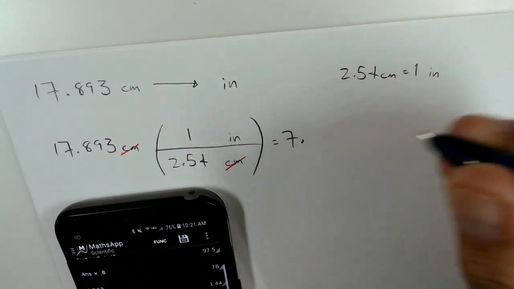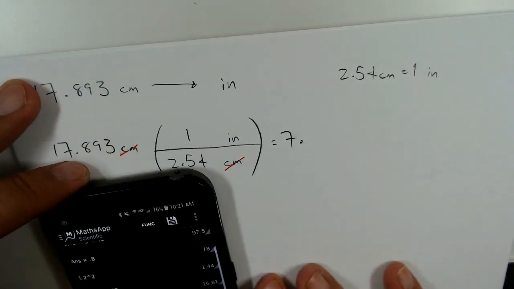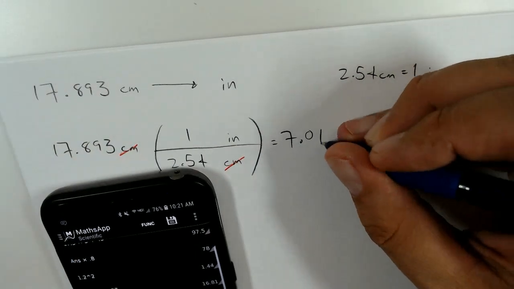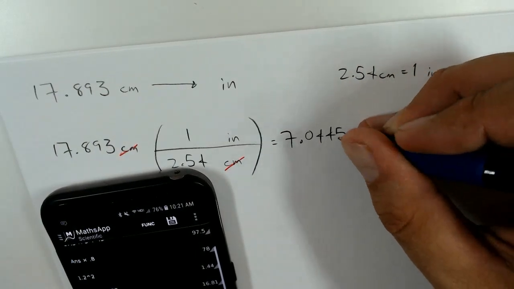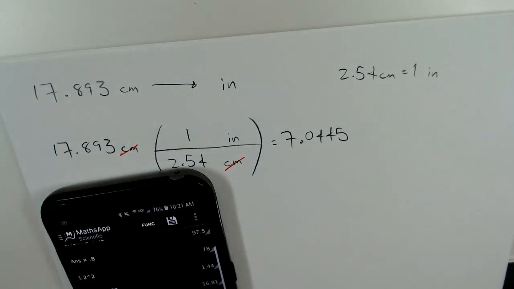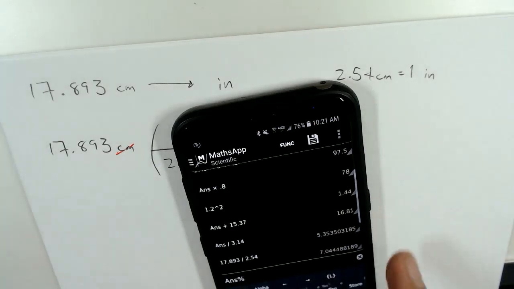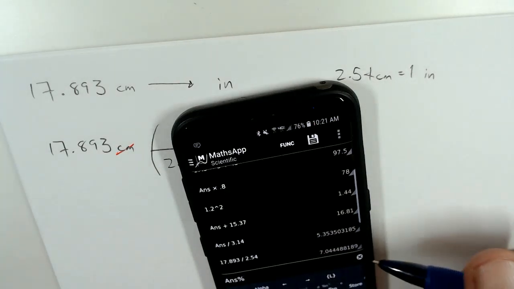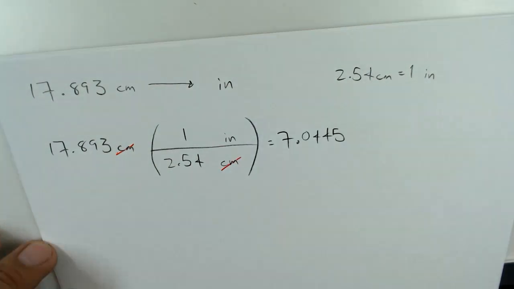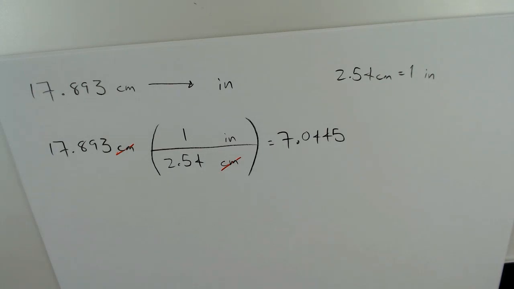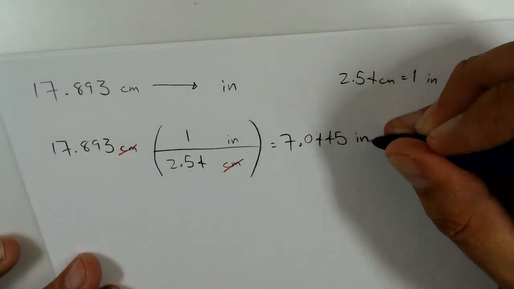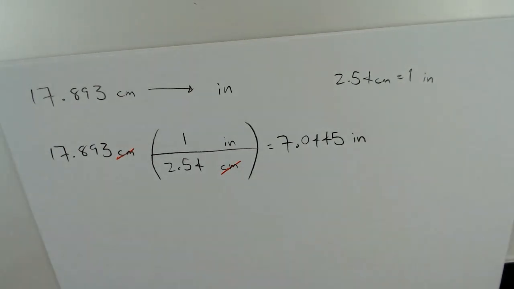So to 5 sig figs, it looks like we should be rounding up, like so. Yep, because it was 7.044488, etc. The cutoff is the last 4, round up, because we're dropping the 8. Not quite done. You must include units. Numbers mean nothing without a unit.